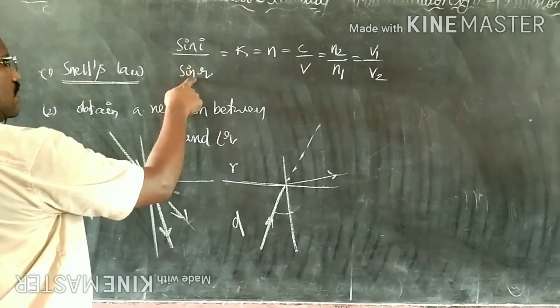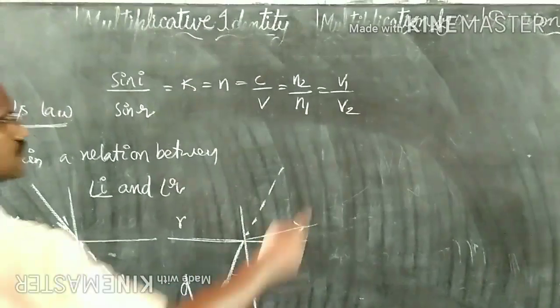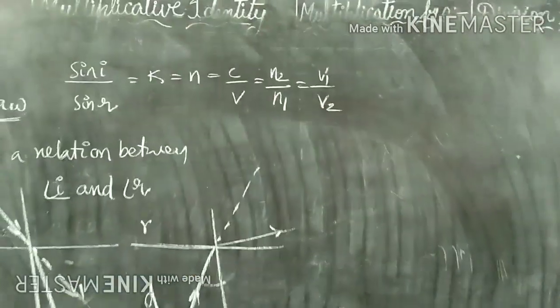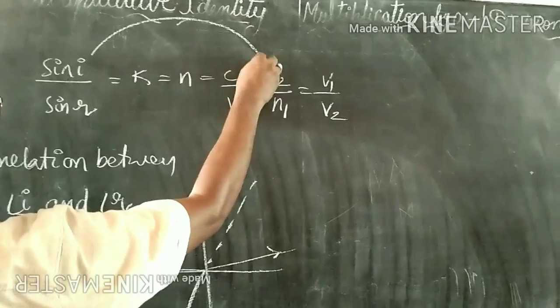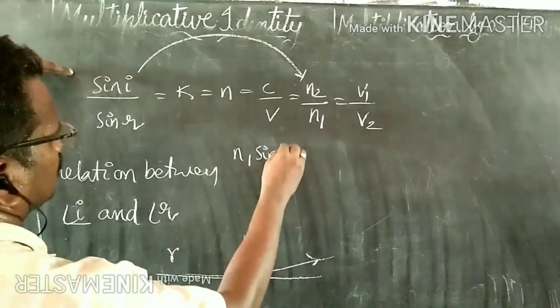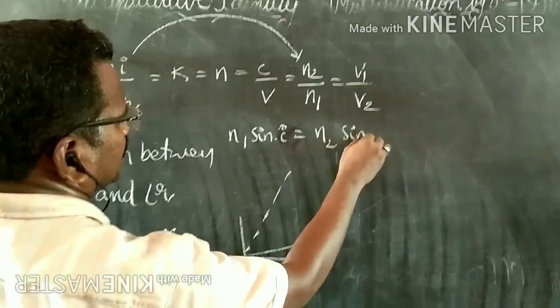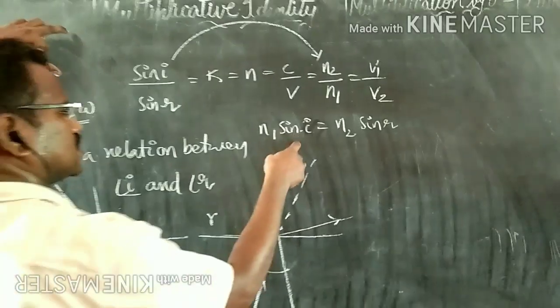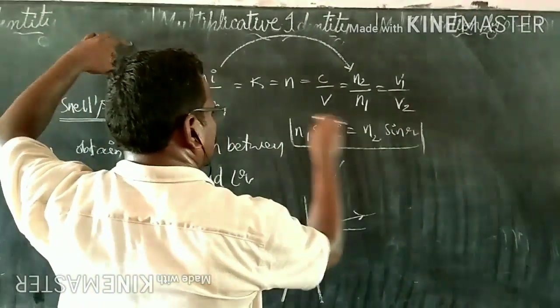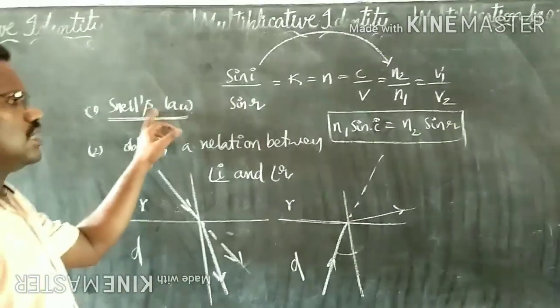Sin i by sin r is equal to n2 by n1 is equal to v1 by v2. If you cross multiply using these, we can get n1 sin i is equal to n2 sin r. This law is called Snell's law.